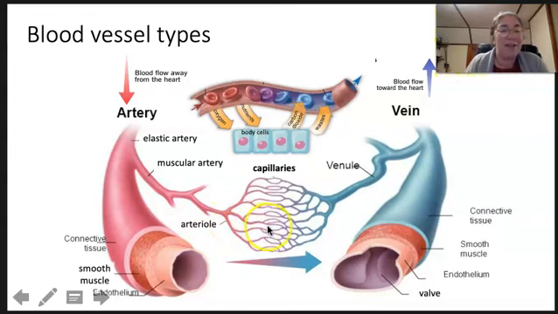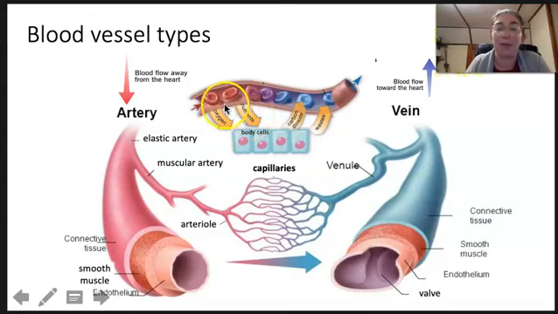And then the arterioles branch into the capillaries. Capillaries are so thin that red blood cells can really only fit through them in a single file line. Here is a diagram of a capillary. The capillaries are where nutrient exchange and gas exchange occurs between the blood and the cells in the tissues. So oxygen and nutrients leave the capillaries.